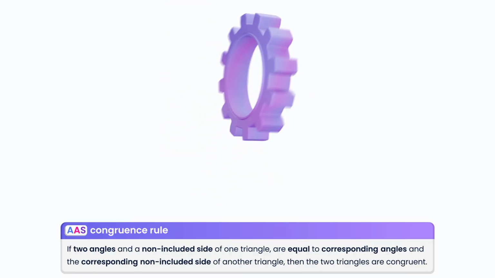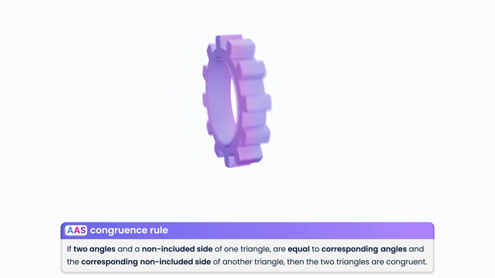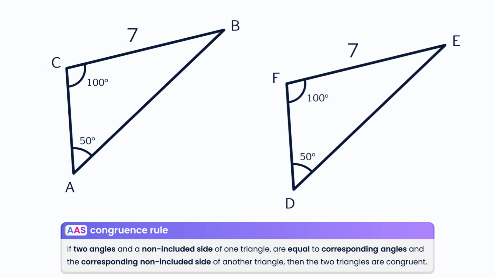Let's look at an example. These triangles seem to have the same shape and size, but you cannot be sure. In both triangles, you have information about this corresponding angle and this corresponding angle with this non-included side. Angles A and D are both 50 degrees and are therefore equal.